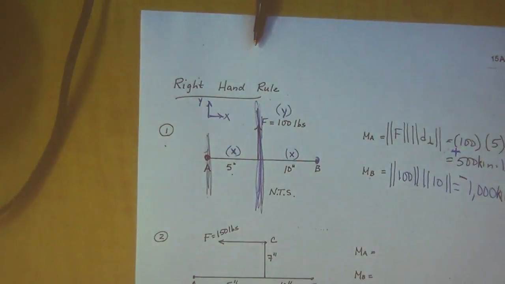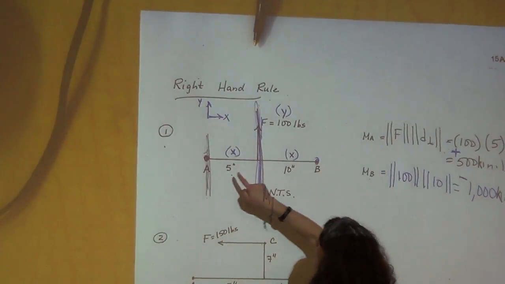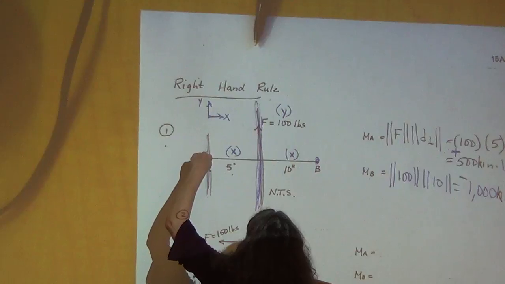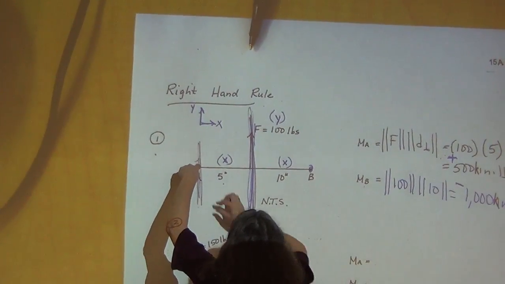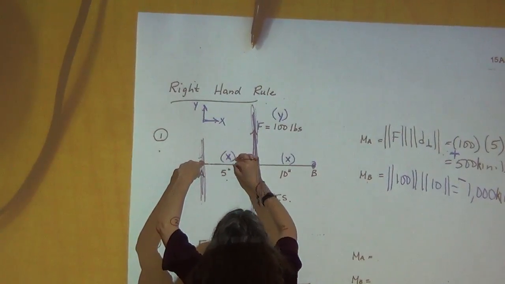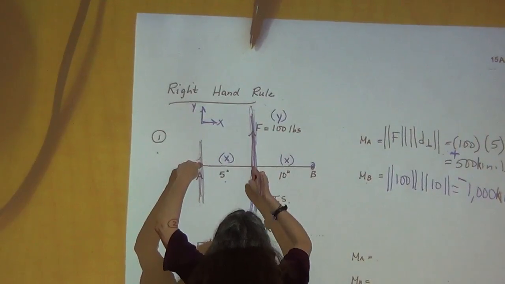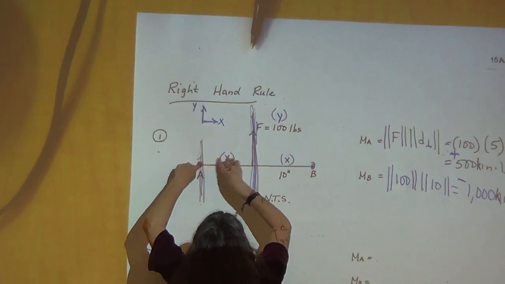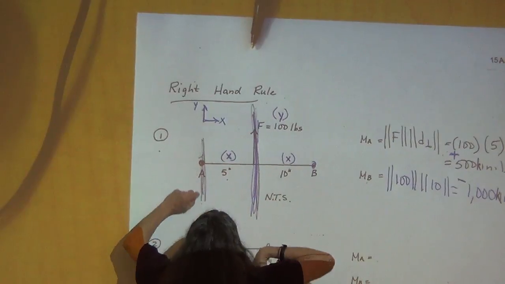Does everybody get that? Force is in the X, force is in the Y, distance is in the X. I'm spinning like a pinwheel. And where is it spinning? When I'm trying to find the moment about A, if I took a nail and I put it in here and I attached a string to the force, it would spin around A counterclockwise, positive.